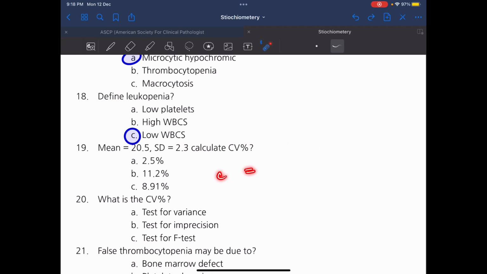So CV percent will equal 2.3 divided by 20.5 multiplied by 100, which equals 11.2%. So the correct answer is B.